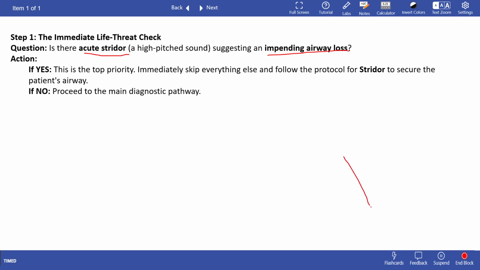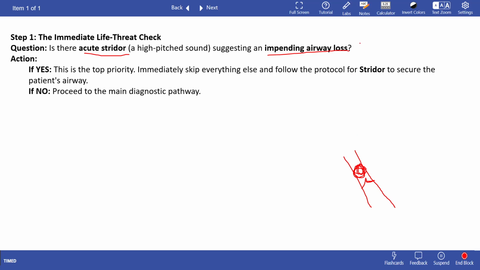So basically, if this is your airway and there is any obstruction present, now the obstruction can be a foreign body, the obstruction could be any malignancy, the obstruction could be the closure of vocal cords, right? So you have vocal cords, so they could be closed, and that could also lead to a stridor. So any obstruction in the airway would compromise the airway, and that is dangerous.